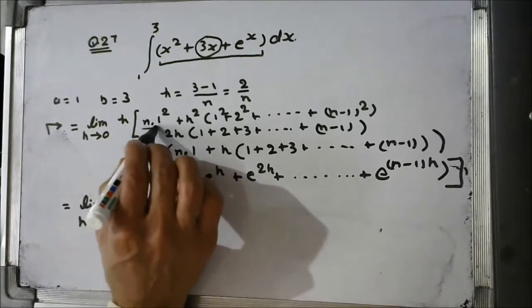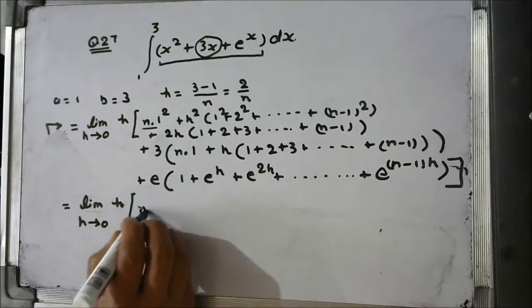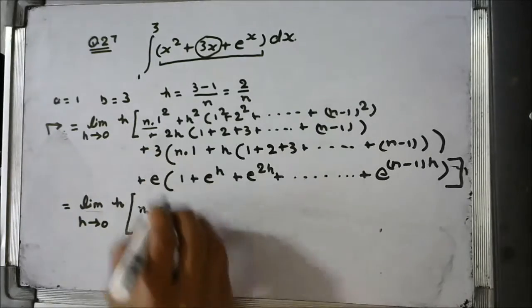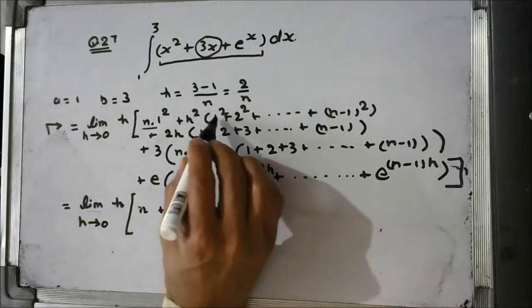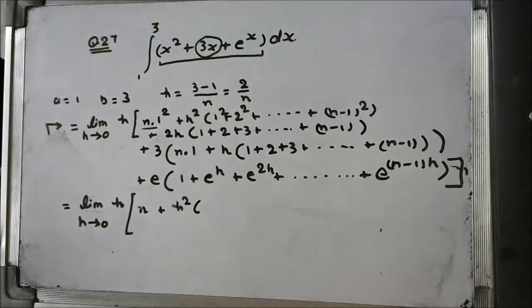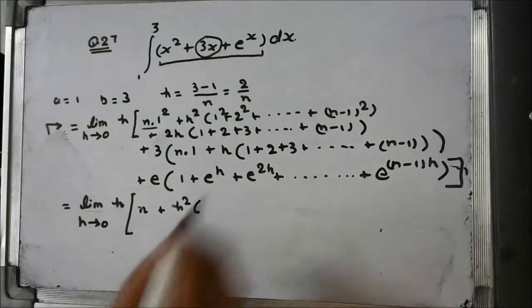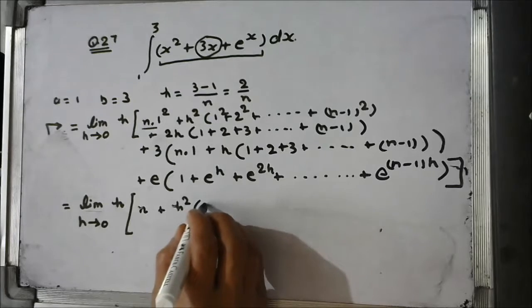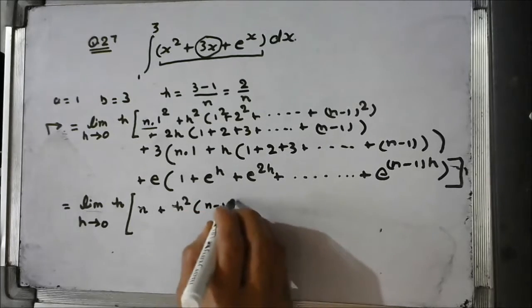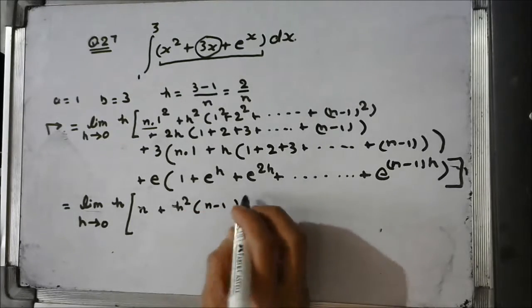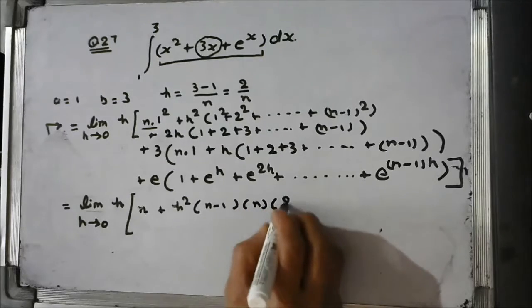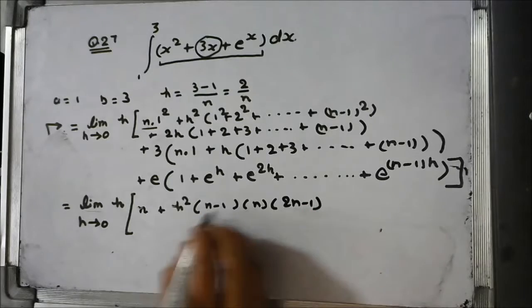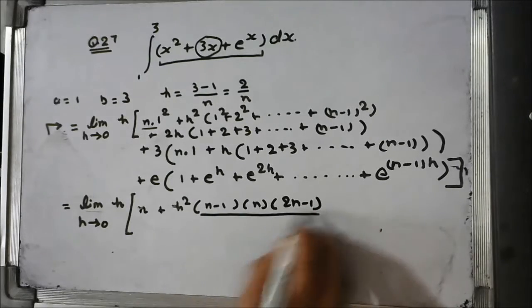So the first term becomes simply n. Now h square, and inside the bracket I have the sum of squares of n minus 1 natural numbers, and its formula is n minus 1 into n into 2n minus 1 divided by 6.